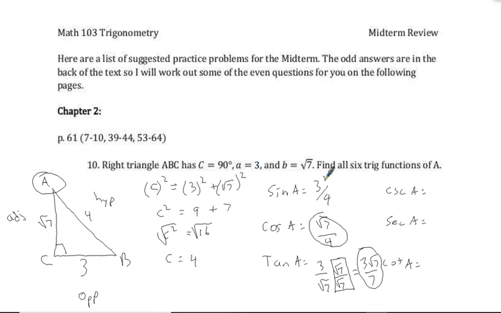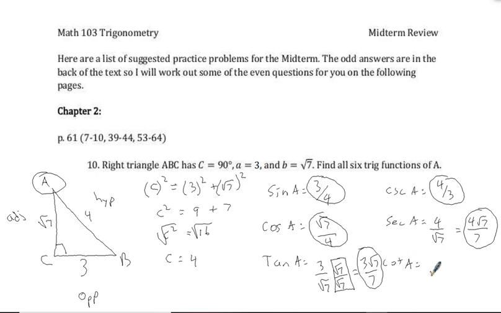There's our cosine and our sine. Cosecant is the reciprocal of sine, so just 4/3. Secant is the reciprocal of cosine, and so 4 over the square root of 7, which again we need to rationalize, so we multiply by the square root of 7 over the square root of 7, and you will have 4 root 7 over 7 as the best answer for secant.